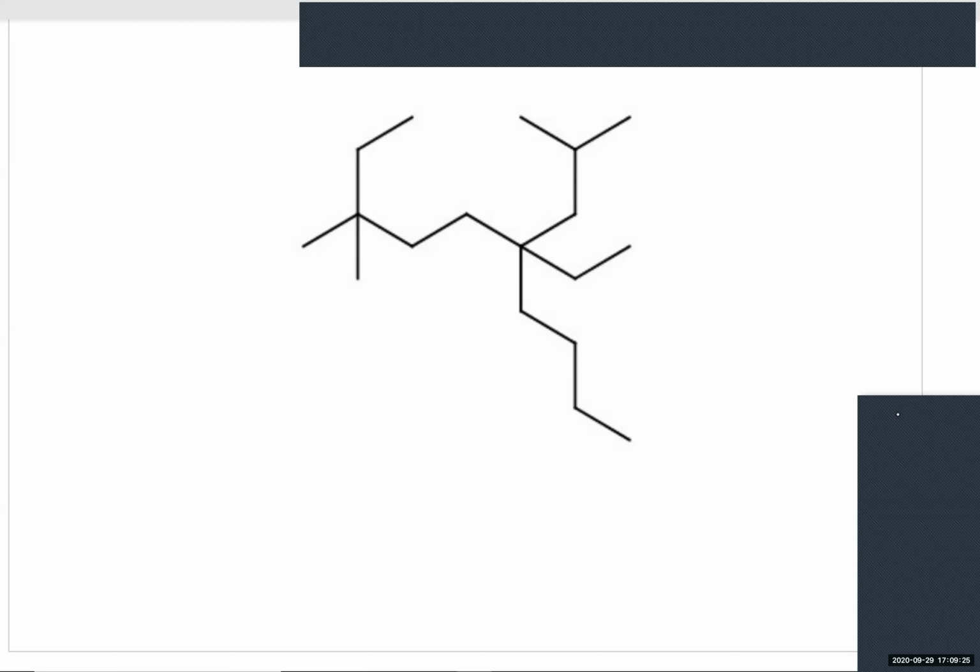And don't be shy to use the annotate tool to propose a numbering system for our carbon locant numbers for this molecule. And we'll discuss this example in about 3 to 4 minutes.